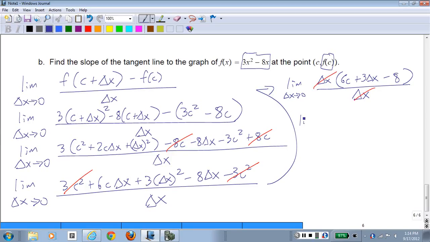So the limit as delta x approaches 0 of 6c plus 3 delta x minus 8. And finally, I suppose it would be clear that the minus 8 and the 3 delta x are associated with this.